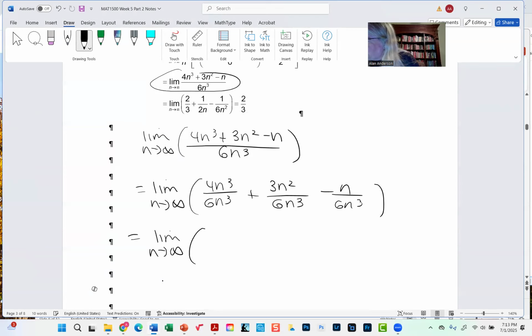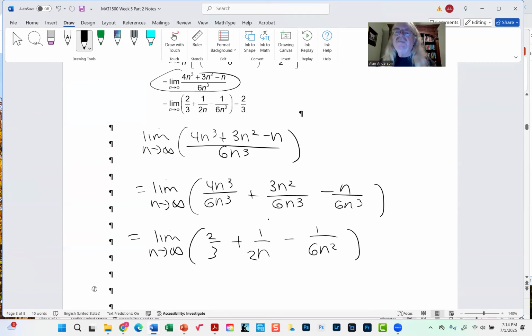Now, this first one is just 4 over 6, which is 2/3. The second one is, sorry, 1 over 2n. And this last one will be 1 over 6n squared.